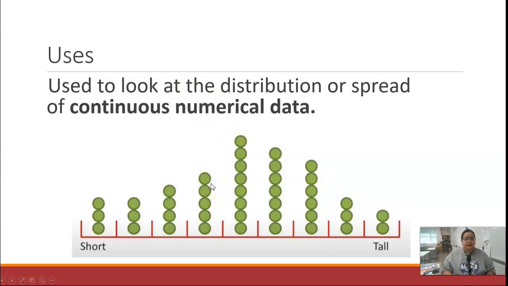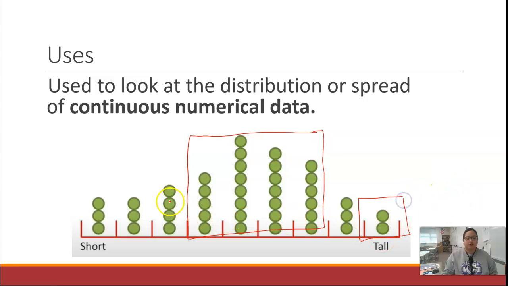Now, when we look at a histogram and we look at the distribution, we can tell a few things. I can tell that this area right here is the most common. And if I measure somebody, it's really likely that they are going to fall into this category. These ends are smaller, they're shorter. These are more rare. So it's less likely that I measure somebody else and they fall into these categories.